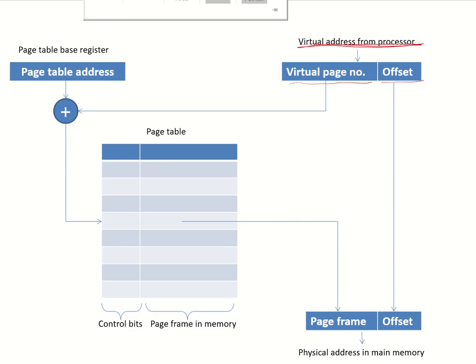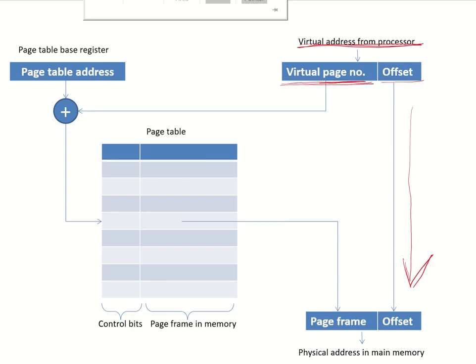So any offset of a word within a page would be the same as the offset within a page frame. So the offset bits from the virtual address can be translated as such to the physical address because the page and the page frame sizes are equal.